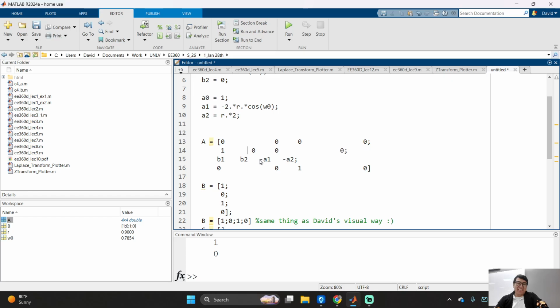Oh, David, you did it again. There we go. No, I'm not the king of MATLAB, but sometimes I feel like it. What's this going to be? 1. Boom. You guys like this matrix?